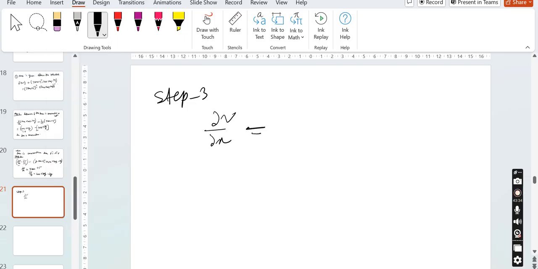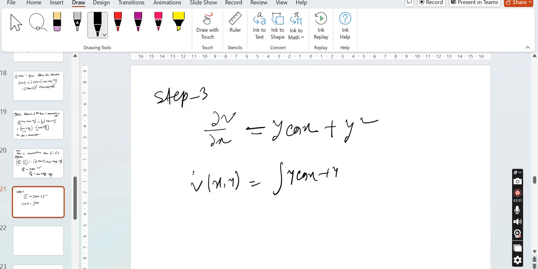Del v del x is basically y cos x plus y square. So integrating with respect to x, this will be y sin x plus y square x plus c.